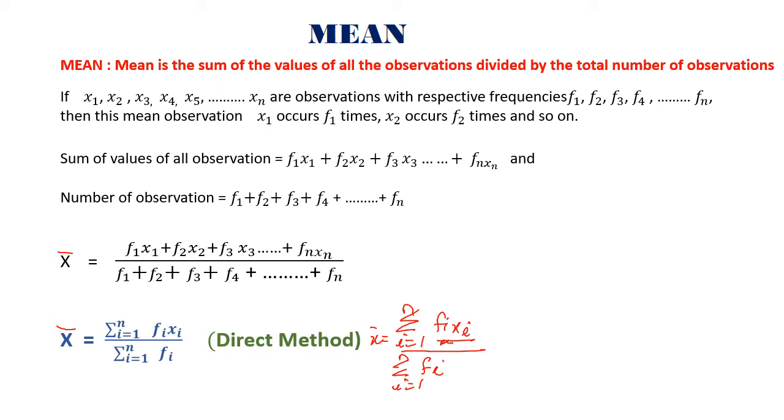So the formula for the mean is x bar equals summation i equals 1 to n fi xi upon summation fi. This is the formula for the mean by the direct method.